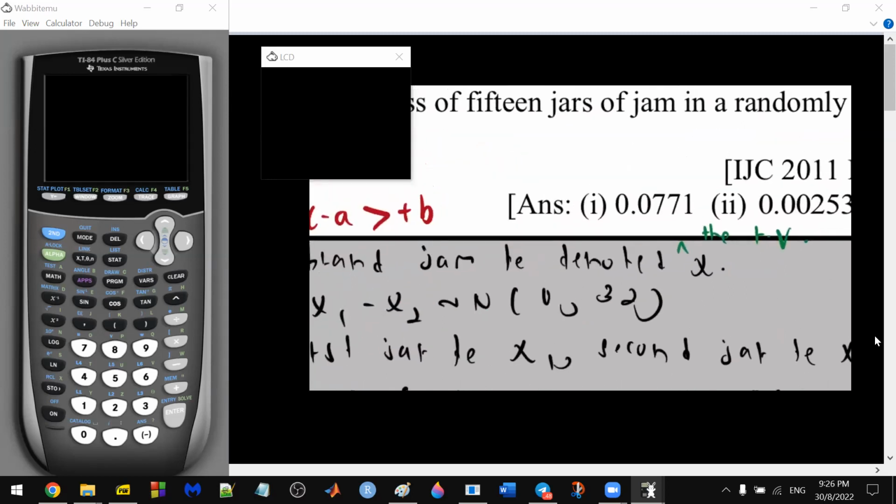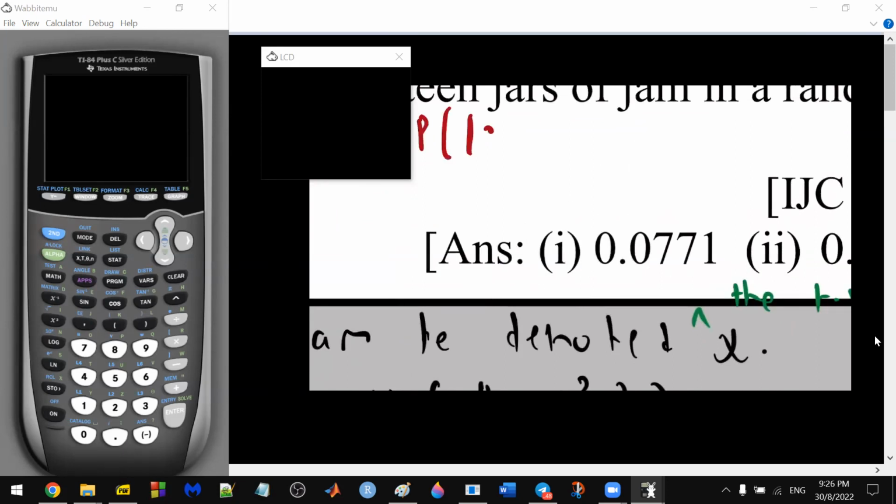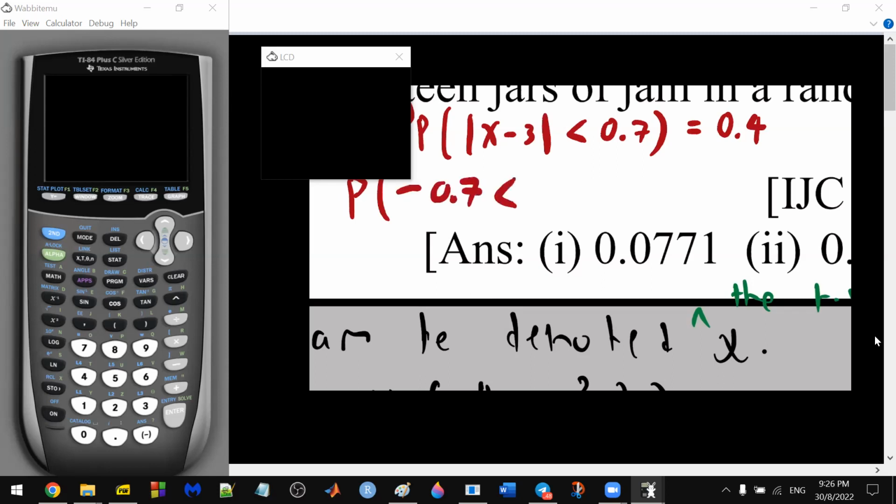Let's say just a quick example. If you got probability of modulus x minus 3 less than 0.7 being equal to 0.4, how would you expand this? Let's say x follows N(0,1). Sorry, P open bracket, then negative 0.7 is less than x minus 3.